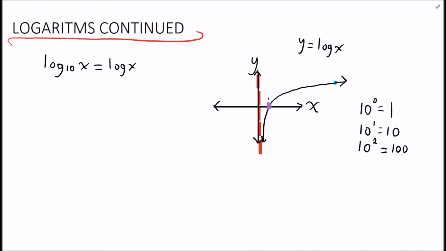So as we already know, y equals log x, so that's y equals log base 10 of x. If I was to change that into index form, that would be x equals 10 to the power of y. So y is really like the exponent in this case. Looking at the spacing here, when y was 0, 10 to the power of 0 was equal to 1. But to go from y equals 0 to y equals 1, I went from 1 to 10, so I increased by 9 units.